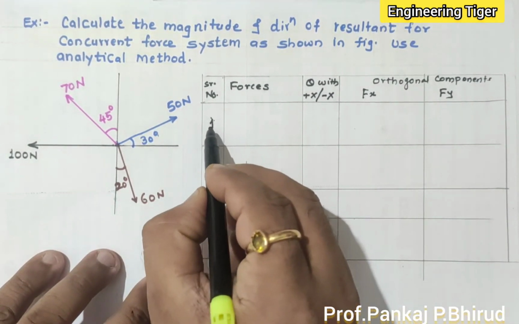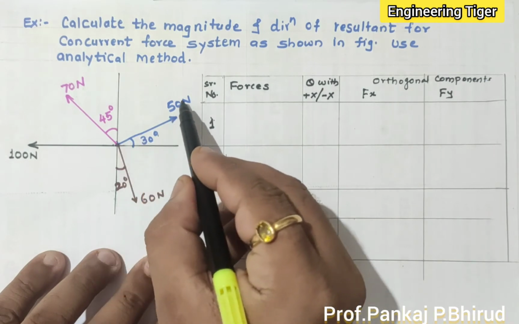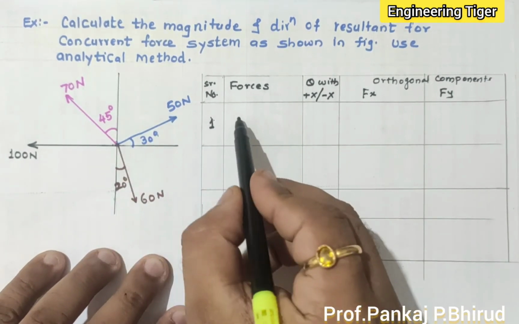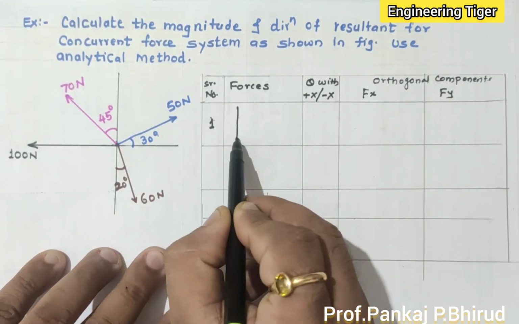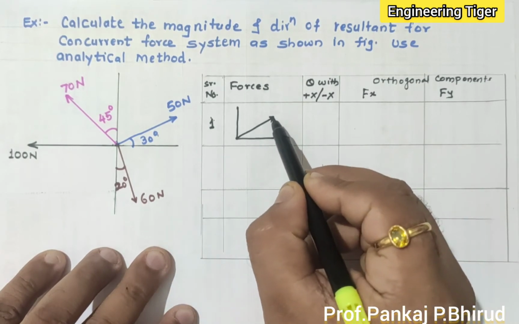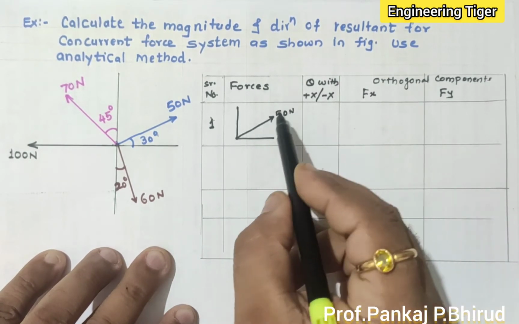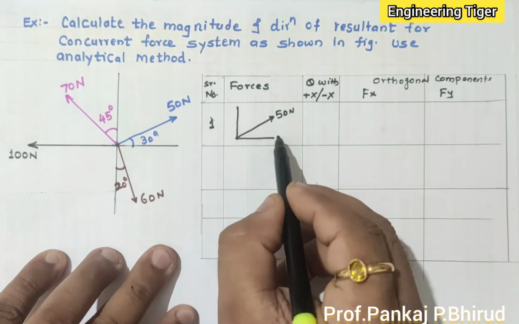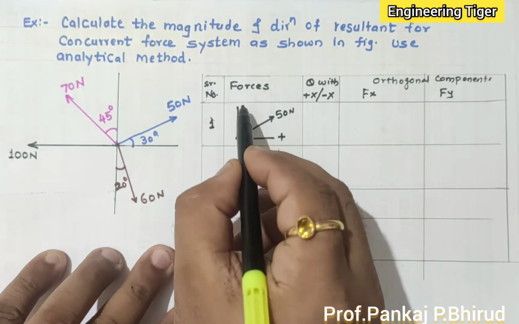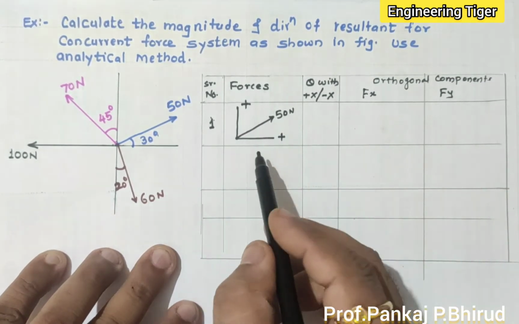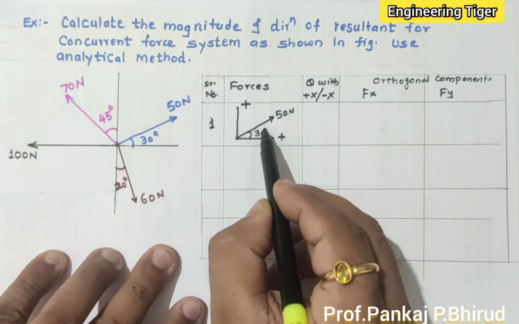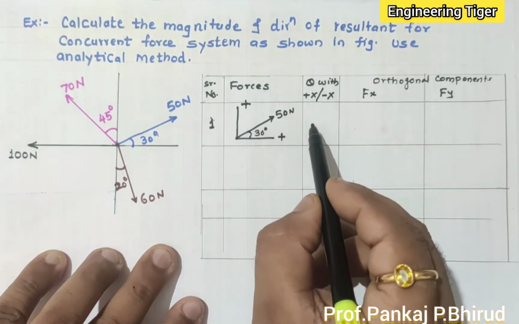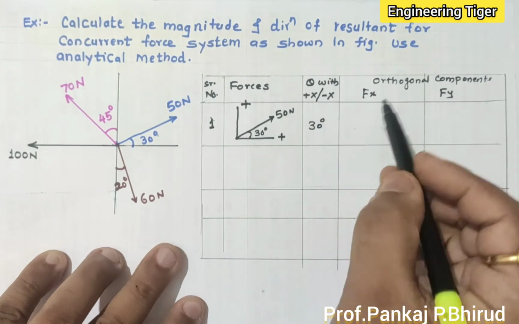First is 50 Newton, which is in the first quadrant, so draw accordingly. Now show the signs of the x-axis and y-axis, so it is plus. Theta is 30 degrees with the x-axis. So what is the Fx component?